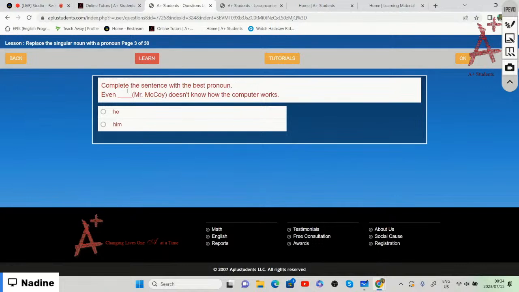Even Mr. McCoy doesn't know how the computer really works. So we need to replace the word Mr. McCoy with the correct pronoun. So is it even he doesn't know how the computer works, or even him doesn't know how the computer works?